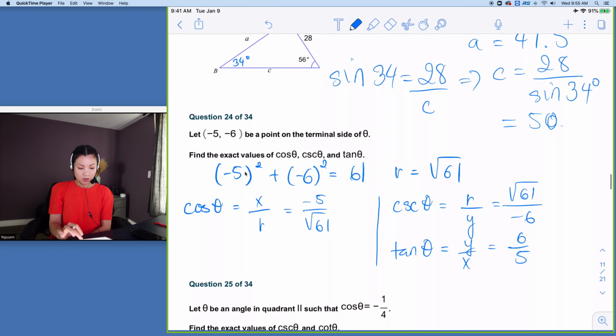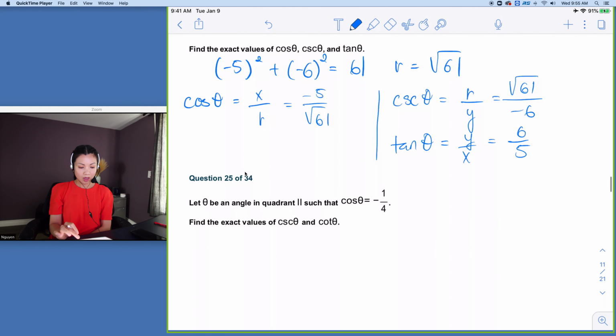Okay, the next problem, I have the angle in Q2, and they are giving you cosine of theta. First of all, the reason they give you Q2 is so we know that in Q2 there is a negative for x and a positive for y. That's very important because when they give you cosine like this, we know that cosine is x over r.